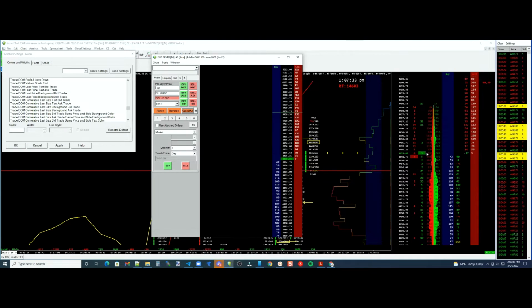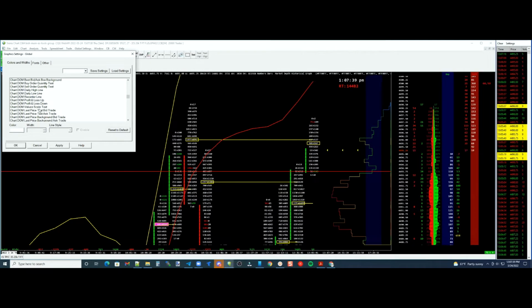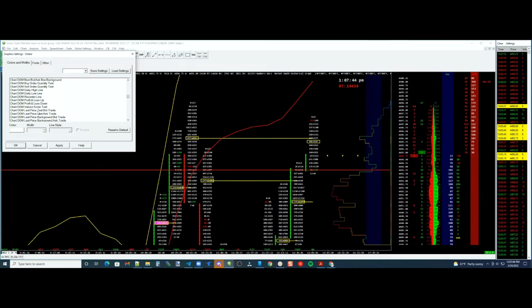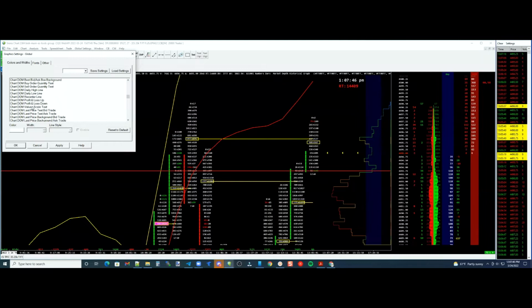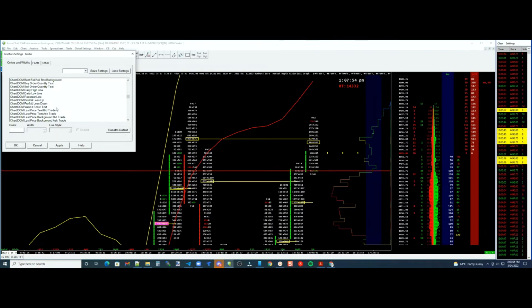Something's broken. What's wrong? It's because they're not updating the chart DOM color settings. And vice versa. So you have to make sure that you are updating the color settings for the DOM that you are looking at.